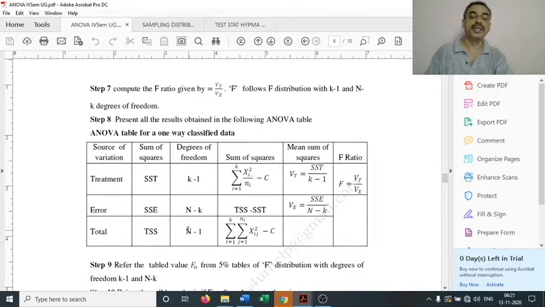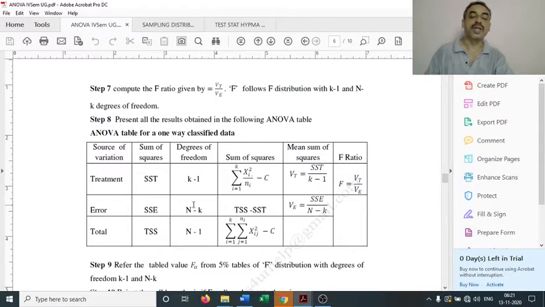Next we write n minus 1, because the total sum of squares and SST you can obtain from the values given. The sum of squares due to errors is to be obtained based upon TSS and SST. Therefore, the order of entering values in the table: first SST, then TSS, that is k minus 1 here, then n minus k, n minus 1.